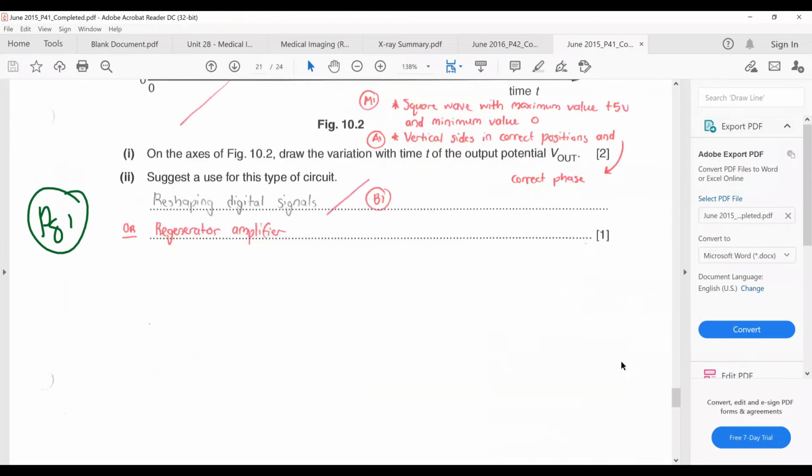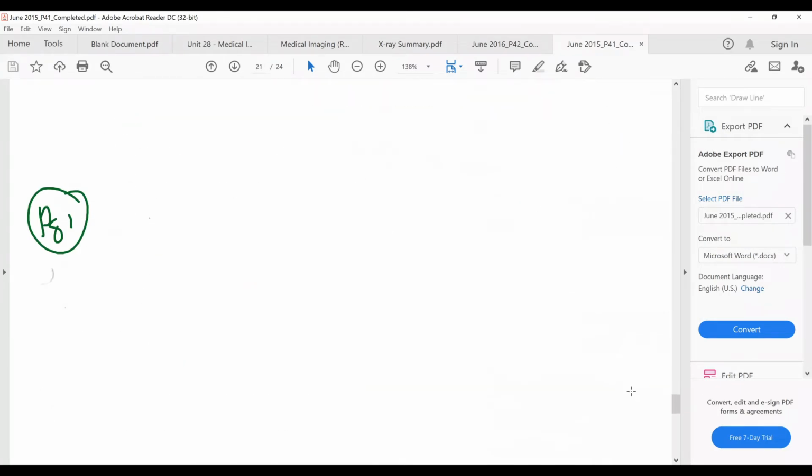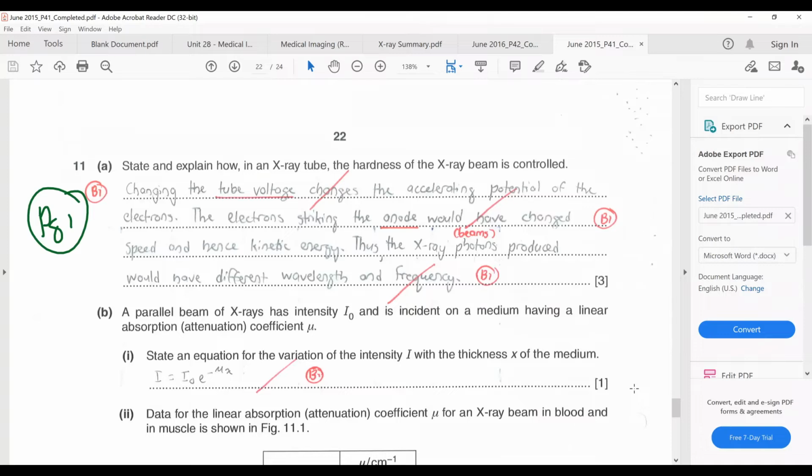As I mentioned to you, hardness of an X-ray beam refers to the penetration power of the X-ray beam, or in other words, the energy of the X-ray beam. If you want to control the hardness, the power of the X-ray beam, you need to change the tube voltage. This one is a 3-mark question.